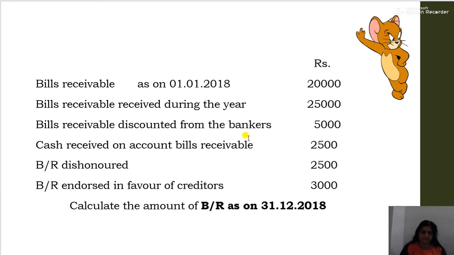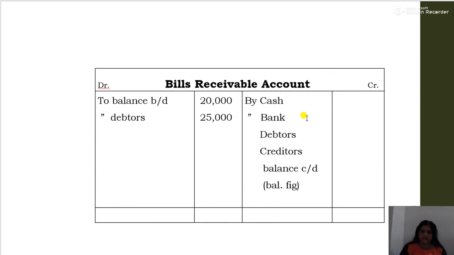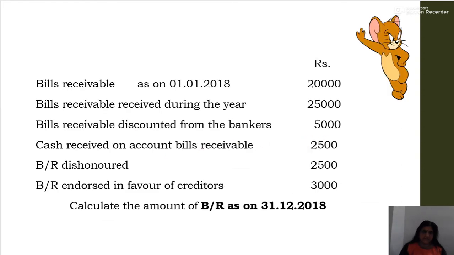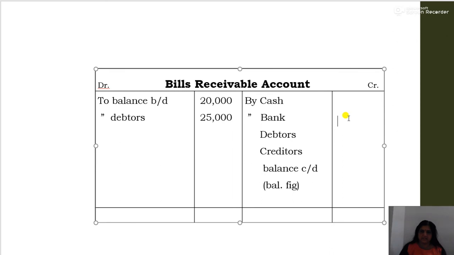Next is bills receivable discounted from bankers. So when the bills receivable is discounted, it will be by bank, rupees 5,000.